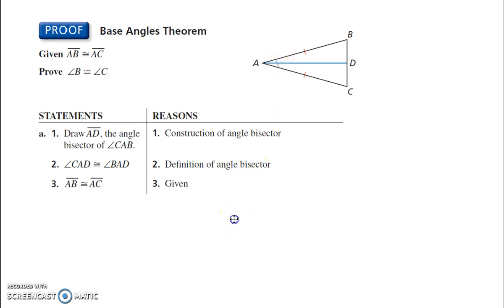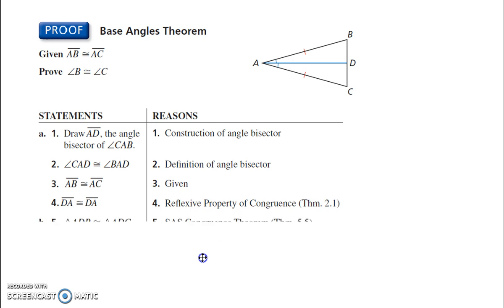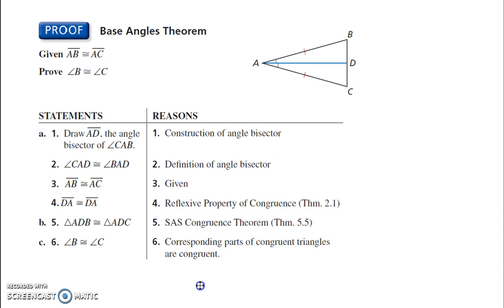You can maybe get where we're going with this. By reflexive property, AD is the same as DA. And then we can say that these two triangles are congruent by side angle side. And because corresponding parts of congruent triangles are congruent, I can say that angle B is congruent to angle C.